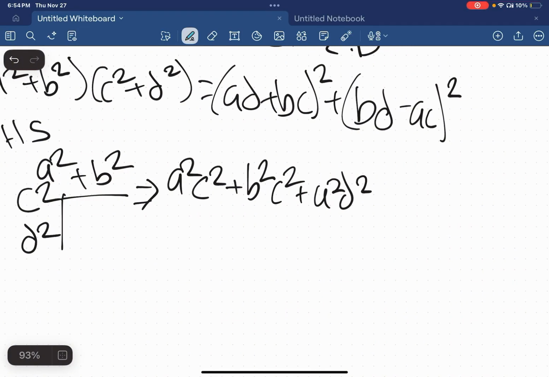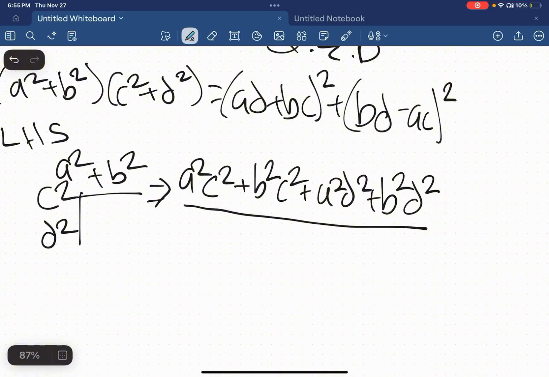This is a lot of writing. Plus b squared d squared. I'm just going to keep that like that for now. That's a simple term. There's definitely a way where you can expand it out to make that, but that's a bit harder. So we'll go on to the easier way and just switch to the right hand side now.